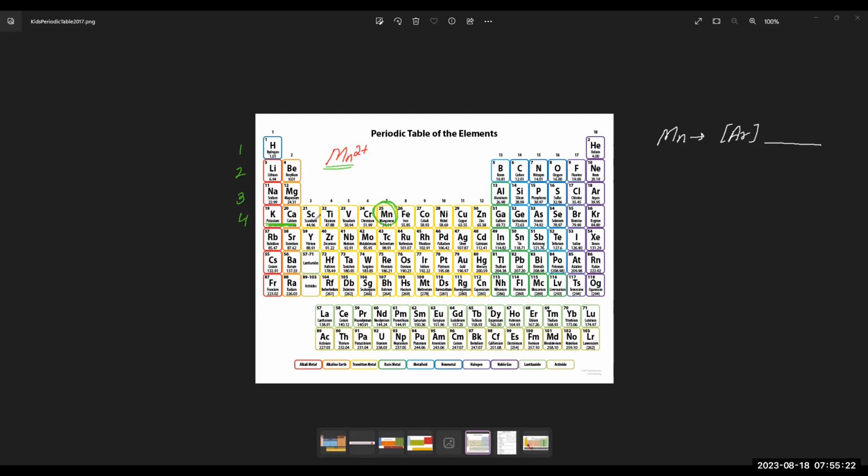And D1, D2, D3, D4, D5. Yes. So can I write it like this, children? 3d5, 4s2. So what is the outermost shell? Outermost shell, 4s2. So electrons will go from the outermost shell.